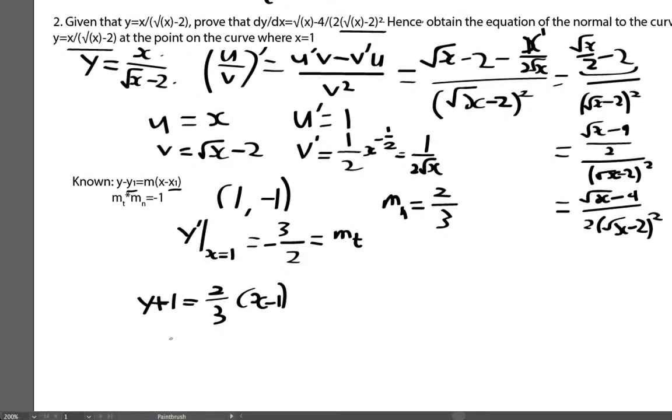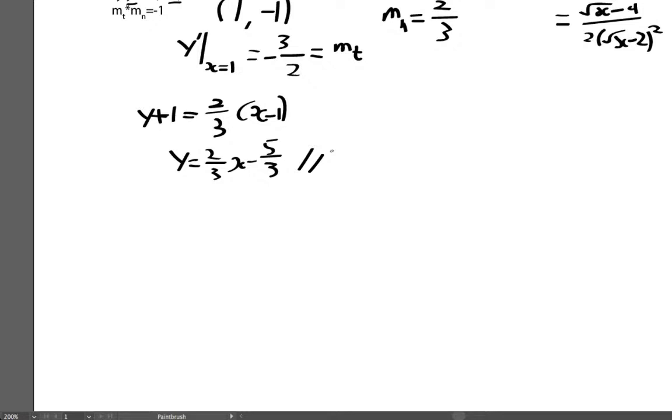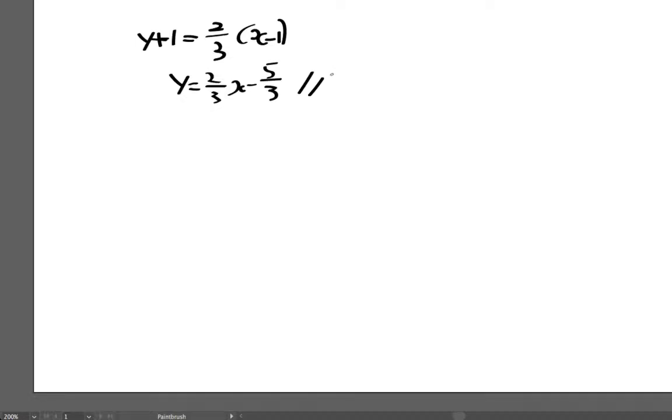Simplifying this, you'll get y equals to 2 over 3 x minus 2 over 3 minus 3 over 3, that's minus 5 over 3. And this is the answer for the question. See? Derivatives is actually a pretty simple thing to do. So yeah, that's how you actually solve it.